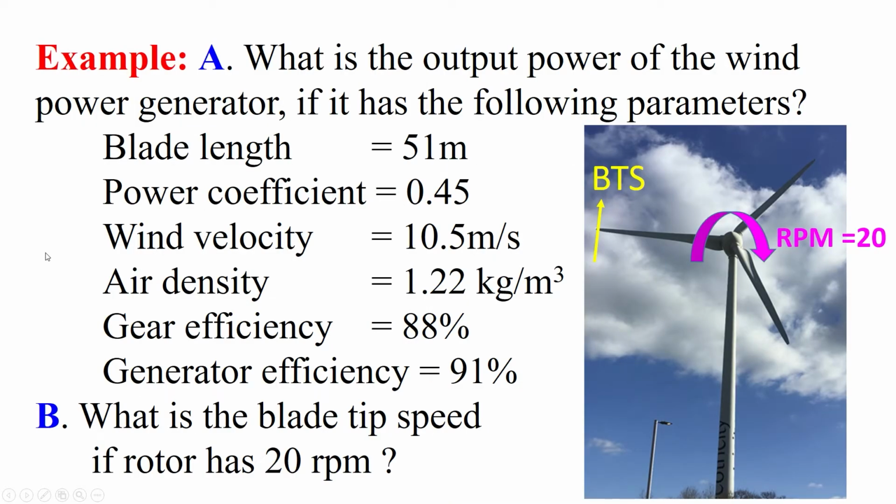Right. The next part, part B, what is the blade tip speed if the rotor has 20 rpm? You can see this is 20 rpm, this is turning the blades at 20 rpm, and blade tip speed. So you see one blade here, you have 3 blades. So the blade tip speed means the end speed of the blade, right?